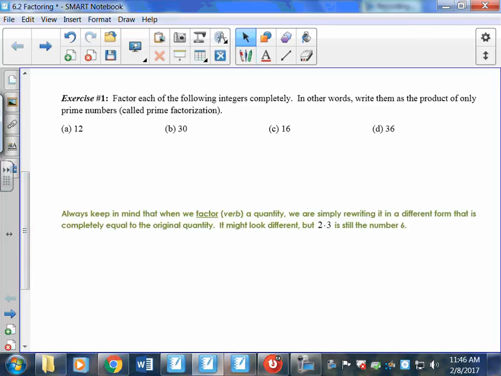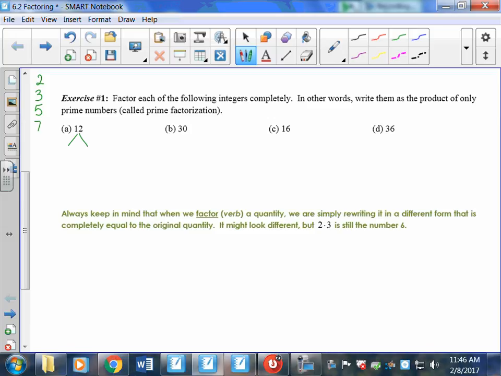Okay, so hopefully, once we get to exercise 1, some of this will start getting a little bit more familiar. Like I started with the number 12, it says rewrite this as a product of only prime numbers. This is called prime factorization, and how I do prime factorization is I always find the first prime. The first thing I always ask myself is, does 2 go in? Because what are my prime numbers? 2, 3, 5, 7, 9 doesn't go in, 11, and so on, because prime numbers are numbers that are only divisible by 1 and itself.